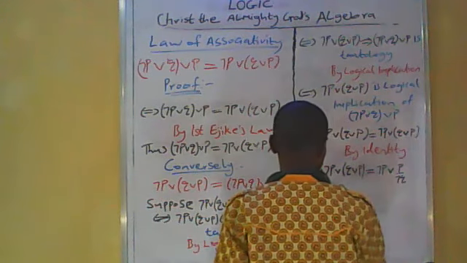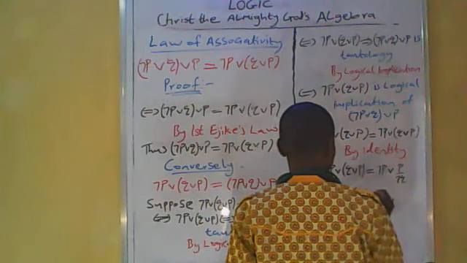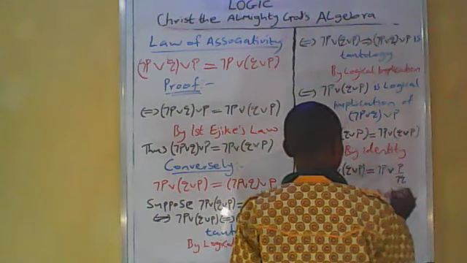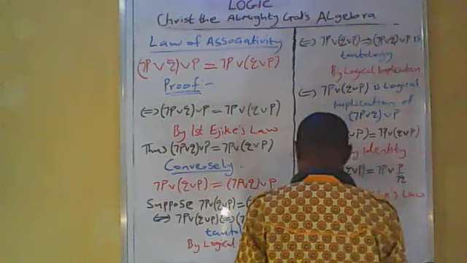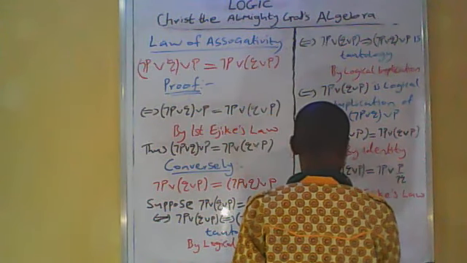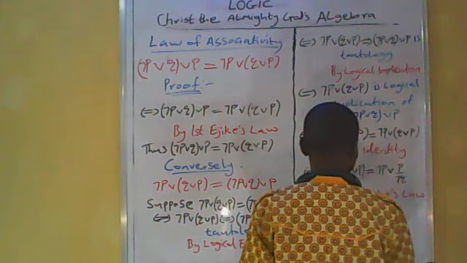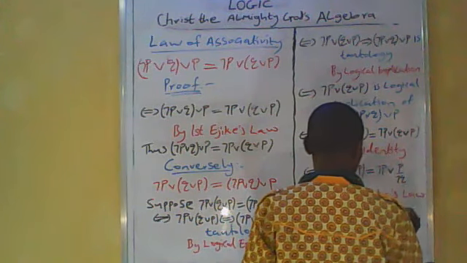So by the first implication law, Q or P is equal to not Q implies P.